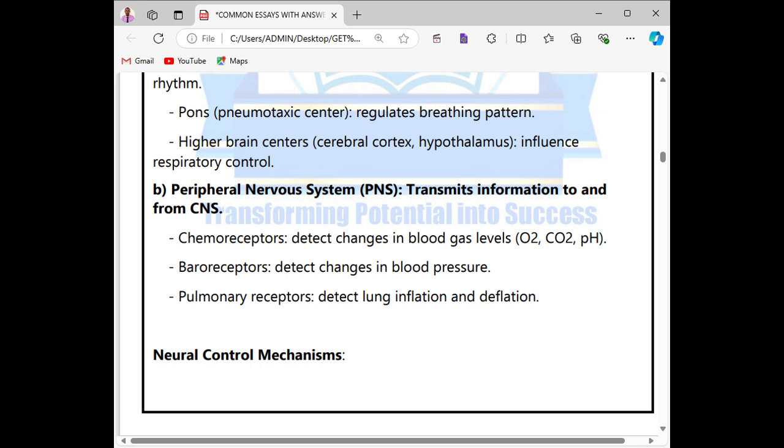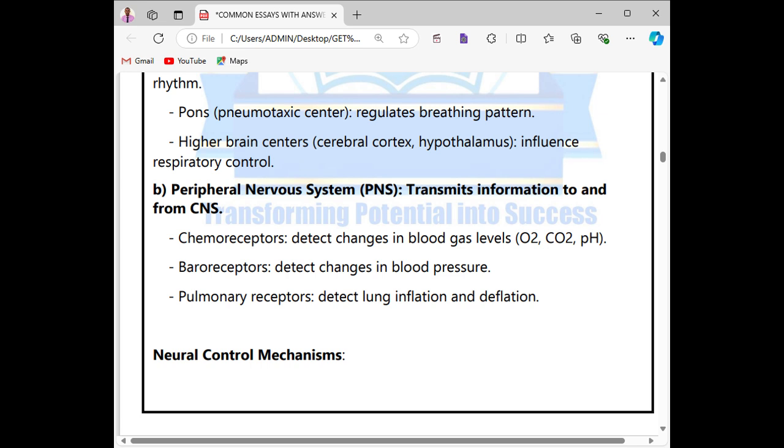The peripheral nervous system basically transmits information to and from the central nervous system. The components under it include chemoreceptors, which are there to detect changes in partial pressures of oxygen, carbon dioxide, including pH.